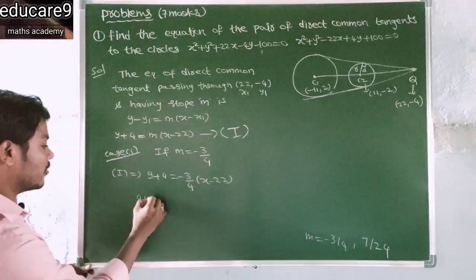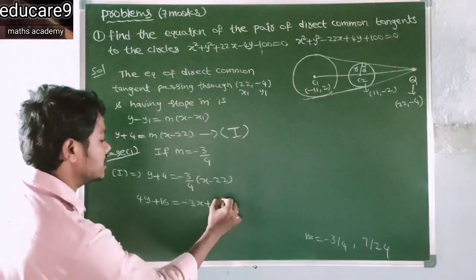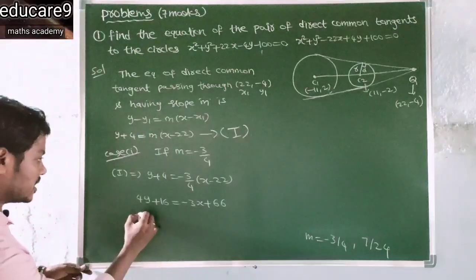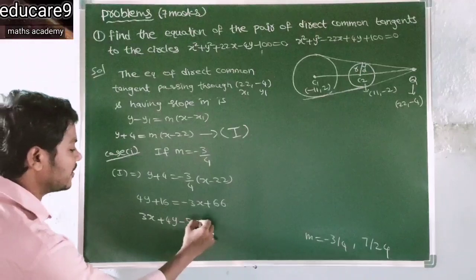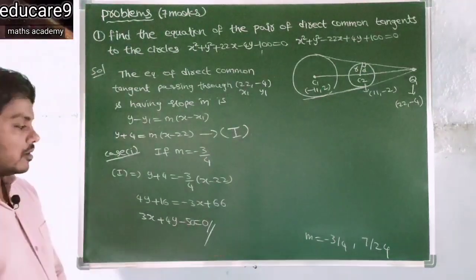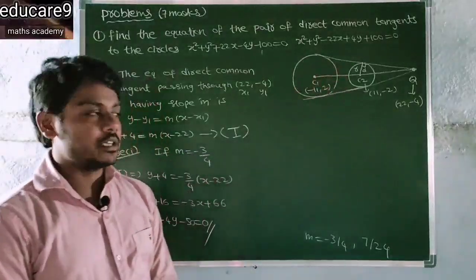So this is 4y plus 16 is equal to minus 3x plus 66. So this is 3x plus 4y minus 50 is equal to 0. This is one of the direct common tangents.